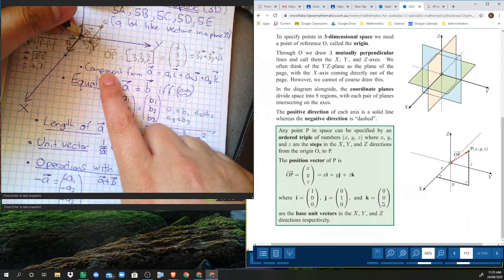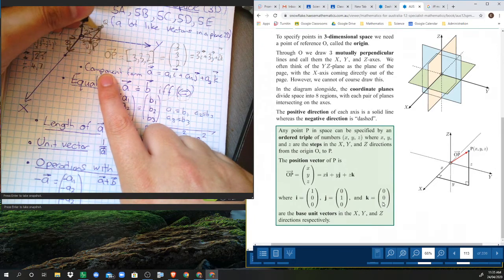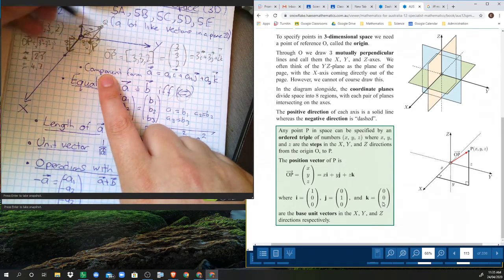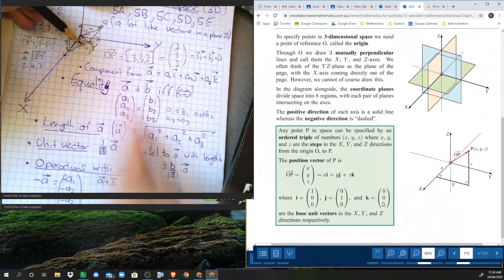Well, you could find the length of that by just using Pythagoras, because we haven't moved in the X yet. Okay, and then you find this length. That's also the same as that length here if I drew it over here. And then you could make a right angle triangle out of going across to P, and then you could work that out. If you actually try it yourself, you can come up and prove this formula here.